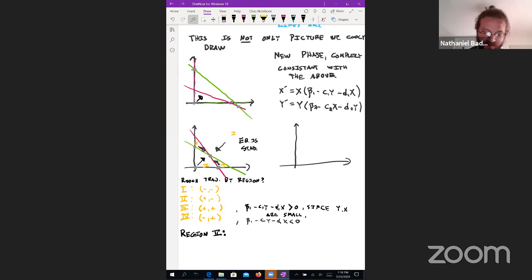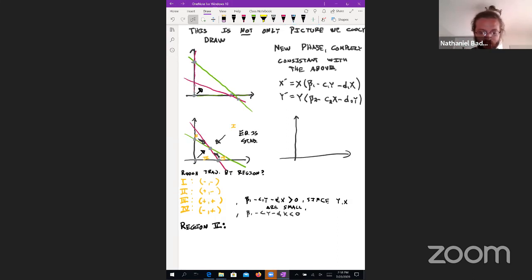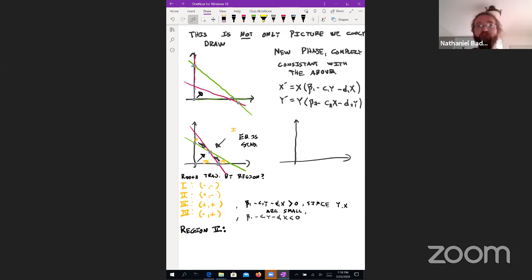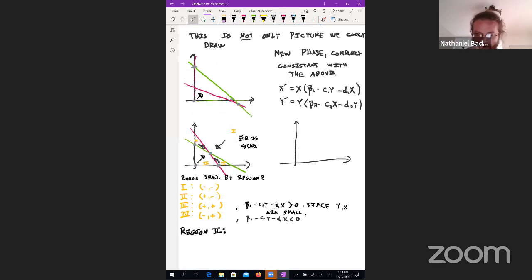But okay, right. So let's think about what the conditions on region 2 really are. On region 2, we need to be a little careful. We just need to think about how we're defining it, right? So in region 2, we've got two inequalities defining this region.